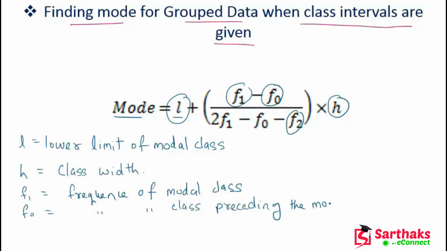And what is F2? F2 is the frequency of the class succeeding the model class, meaning after the model class. Okay, my dear friends, I hope you understand these things. So now let's do some questions.